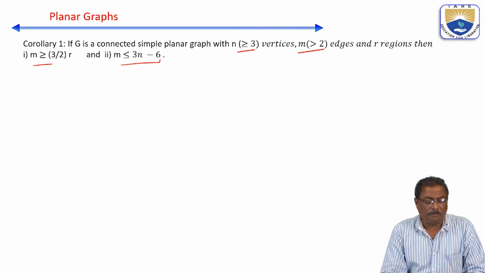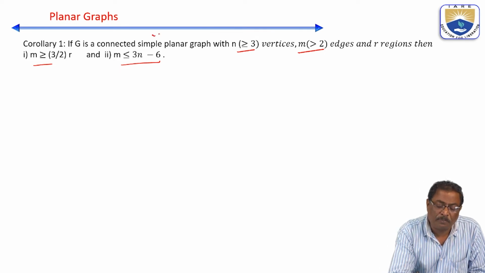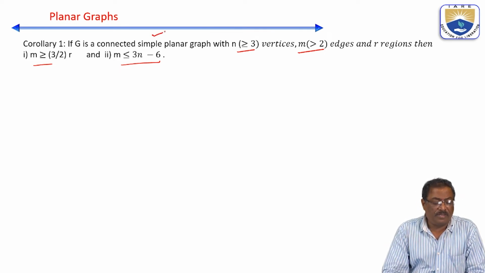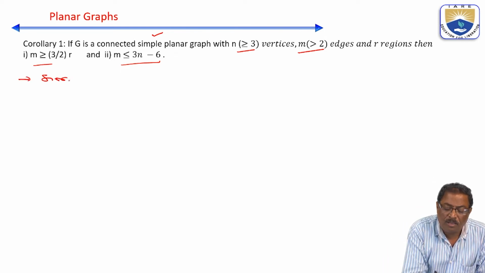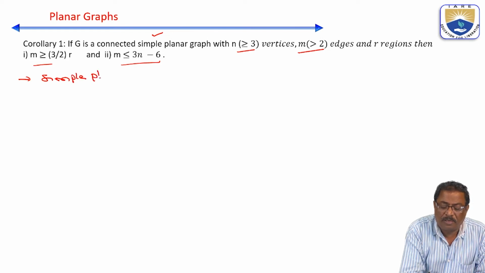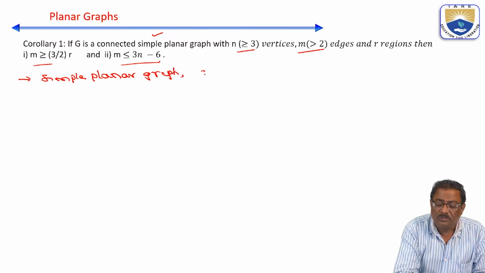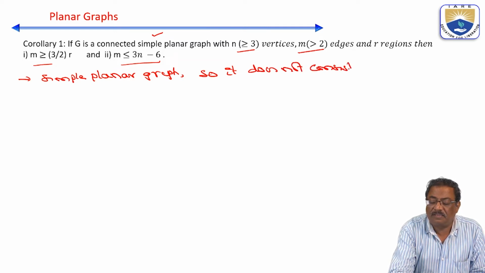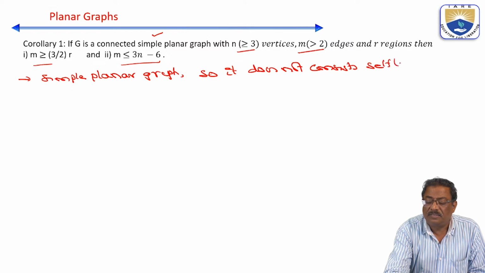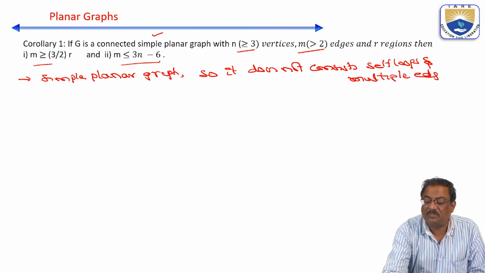Here it is given that it is a simple planar graph. A simple planar graph means it does not contain self loops and multiple edges.